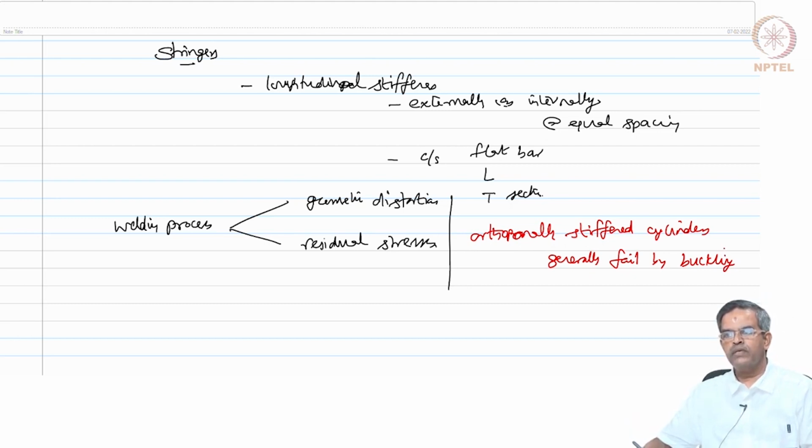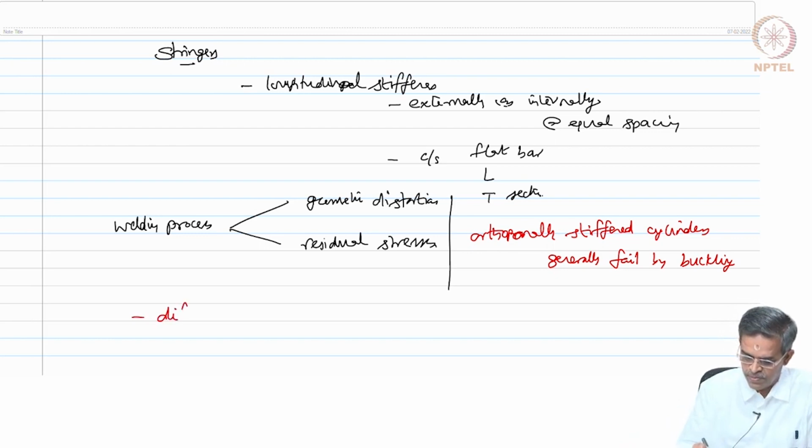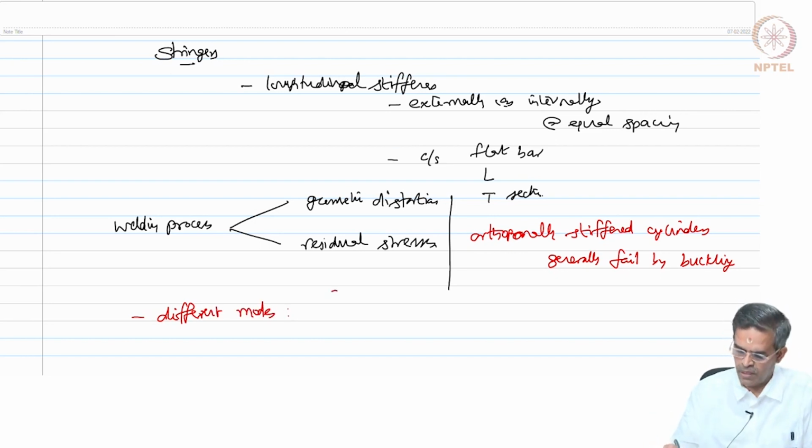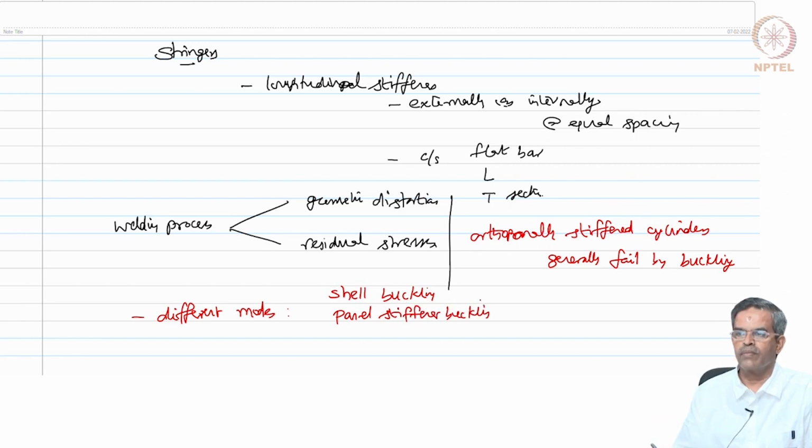This buckling can be in different modes. They can be shell buckling, panel stiffener buckling, panel ring buckling, and column buckling.